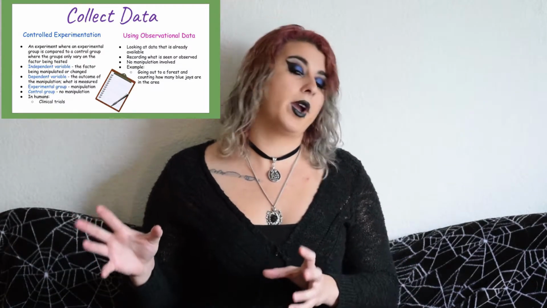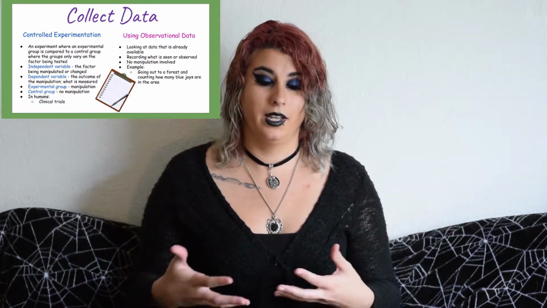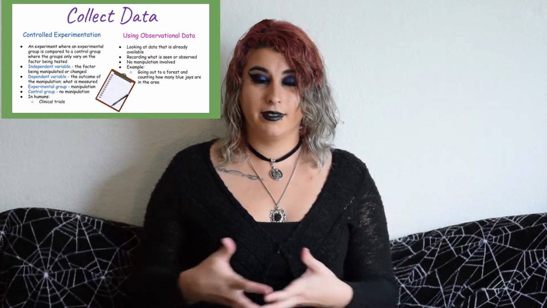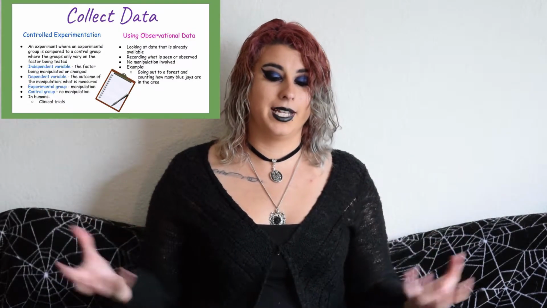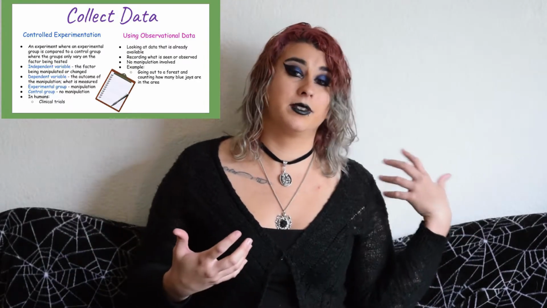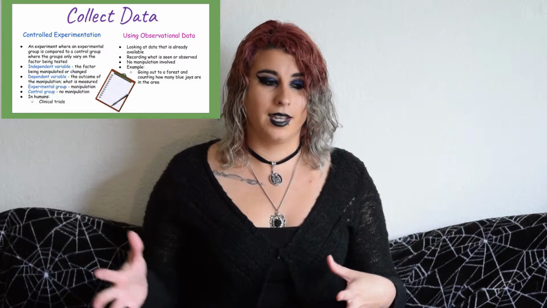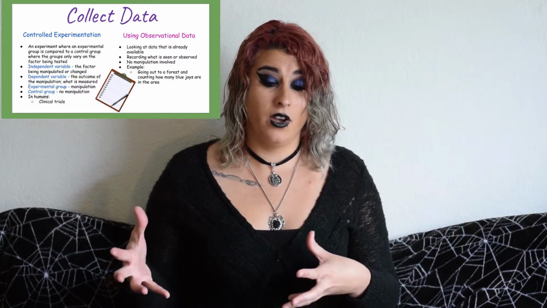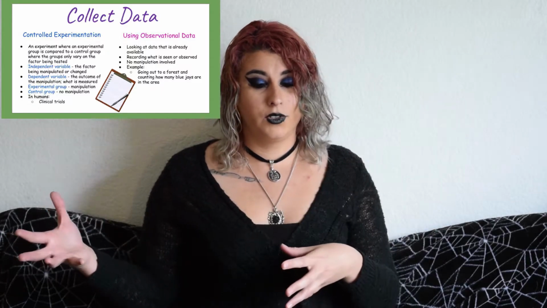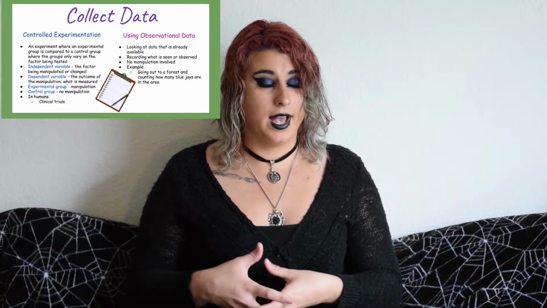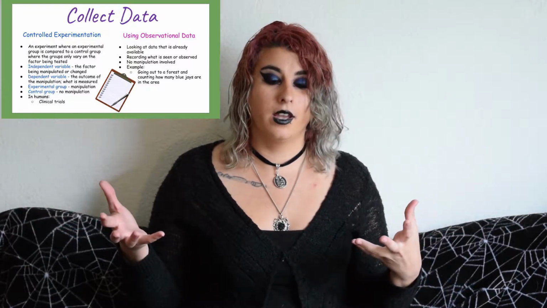The other main way of collecting data is just going to be using some sort of observational data, which basically means you're going out and either looking at some data that's already been collected in other experiments that would be relevant to the question you're asking and the hypothesis that you made, and there's no manipulation really involved, or you're going to go out and just observe what you're seeing.